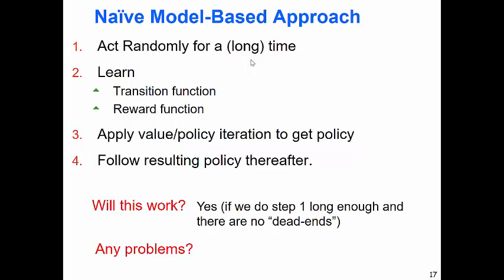So now, if we assume there are no dead ends, will this work? And I gave you the answer, yes. So does it seem like it should work if there are no dead ends? No dead ends means that if you act randomly, you're always going to get to a state and action and be able to try it forever, right?